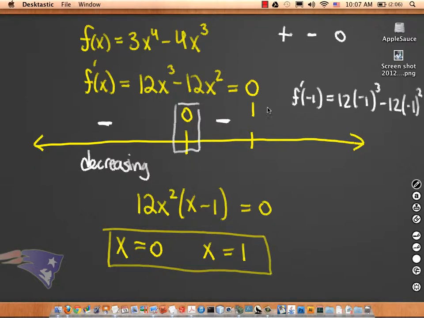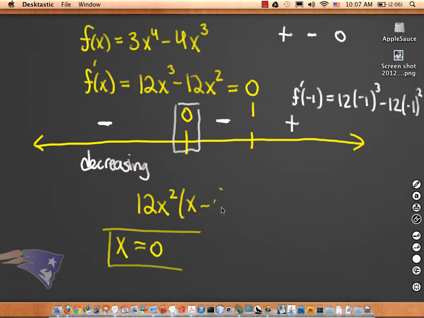All right, now we plug in something greater than 1. So 2, plug 2 into the function. Am I going to get a positive or a negative? A positive. So this is where it starts increasing right here. So now I'm ready to write out the interval. So let's look at the number line that we've got. On what interval is the function decreasing?